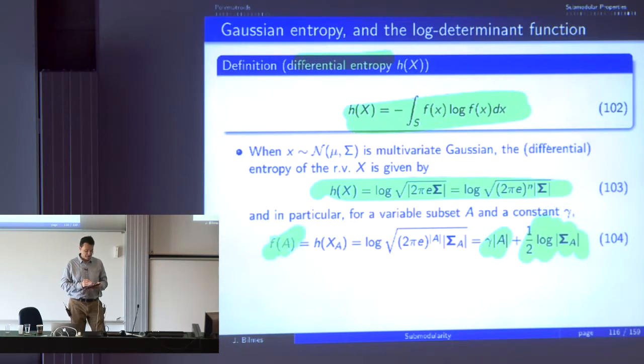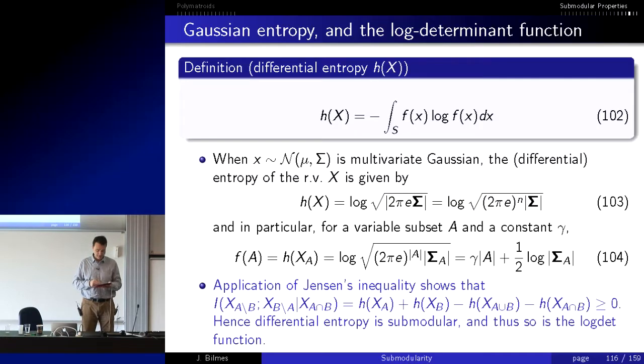And so now you've got a function of a subset which is a log determinant of a submatrix of some positive definite matrix. And since entropy is submodular, we immediately get the submodularity of the log determinant function.